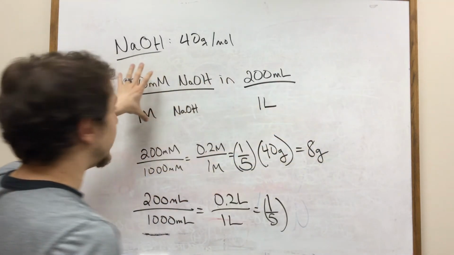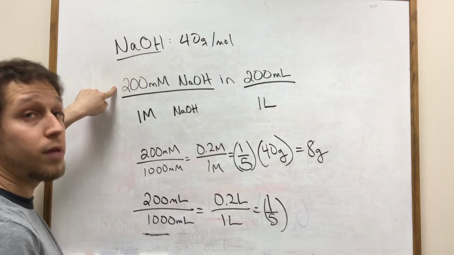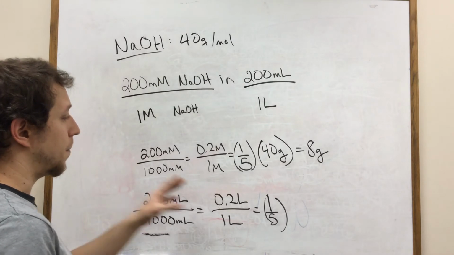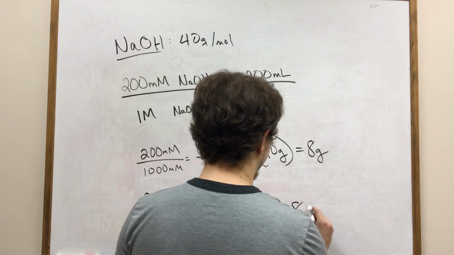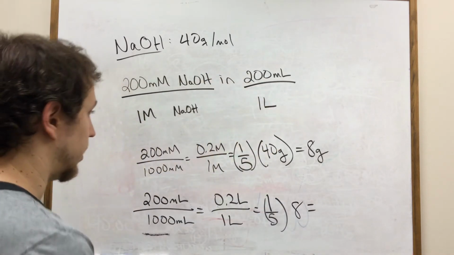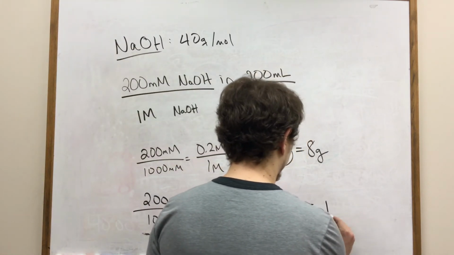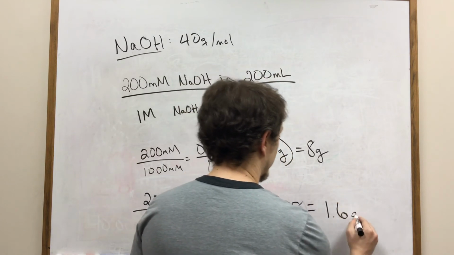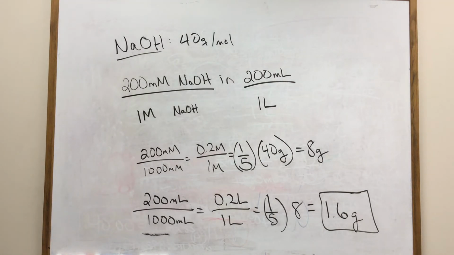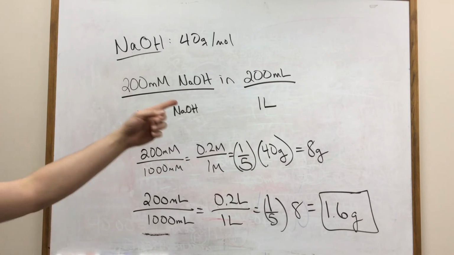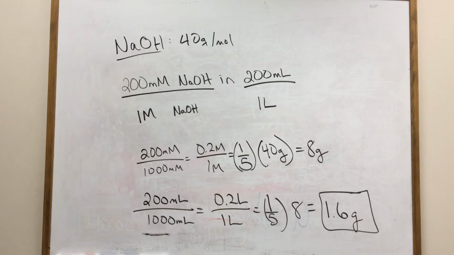These 8 grams in a liter would give me 200 millimolar sodium hydroxide, but now I'm making that in 200 milliliters. So I'm going to multiply 8 by 1/5, okay? And that should give me 1.6 grams. So 1.6 grams of sodium hydroxide would ultimately be the amount that I would need to add to 200 milliliters to give me a 200 millimolar solution of sodium hydroxide.